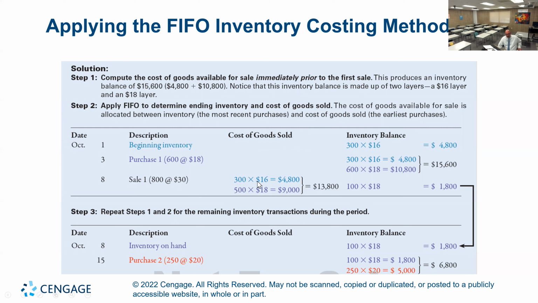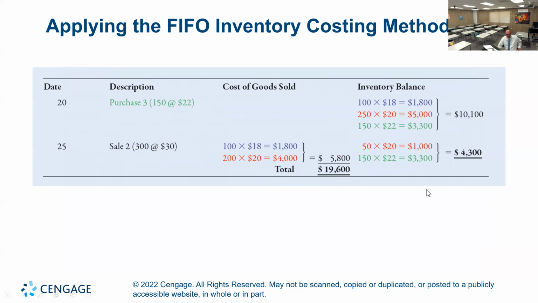On this sale, our cost of goods sold at that point, we would have sold all 300 of our beginning inventory, plus we would have sold 500 out of here. So our cost of goods sold would have been 13,800. At that point in time, it's showing us we would add $1,800 in inventory.